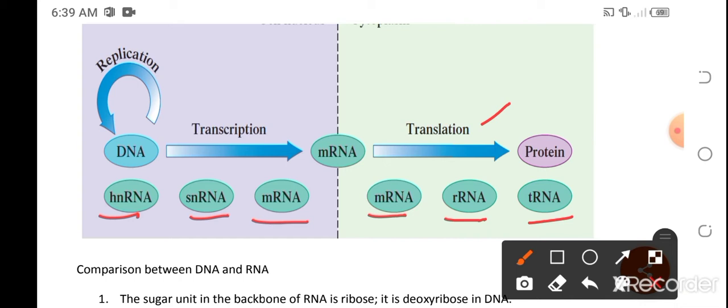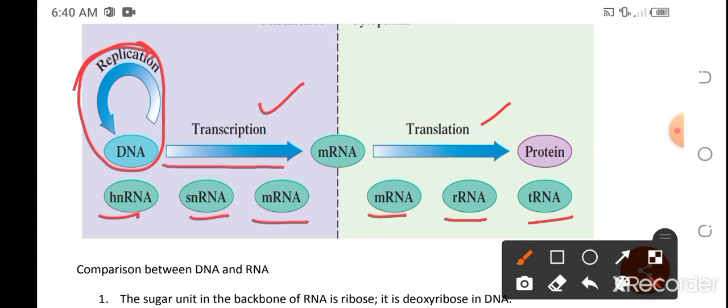Okay, so always bear in mind replication: the DNA creates an exact copy of itself, and then after that, transcription, the DNA will be transcribed to produce mRNA, and in translation, mRNA is directing the creation of protein, or protein synthesis.